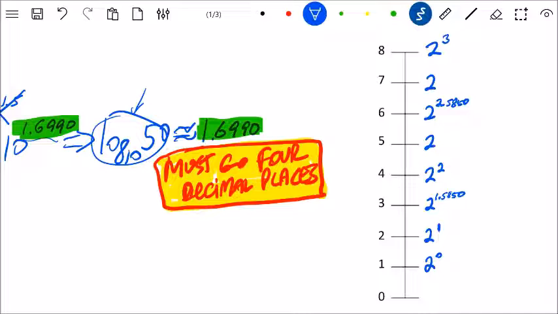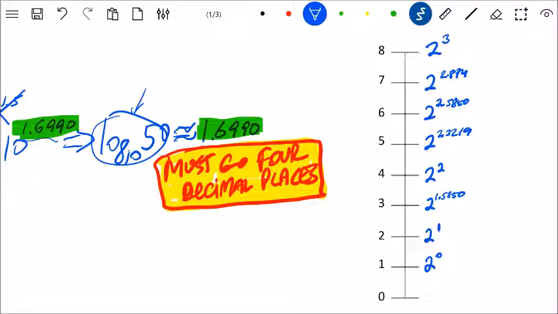We can also fill in these other ones. So this one is 2.3219. And 7 is 2.874. You do this on the calculator.